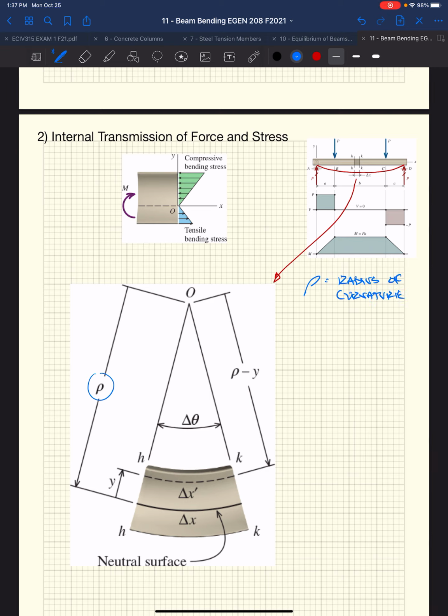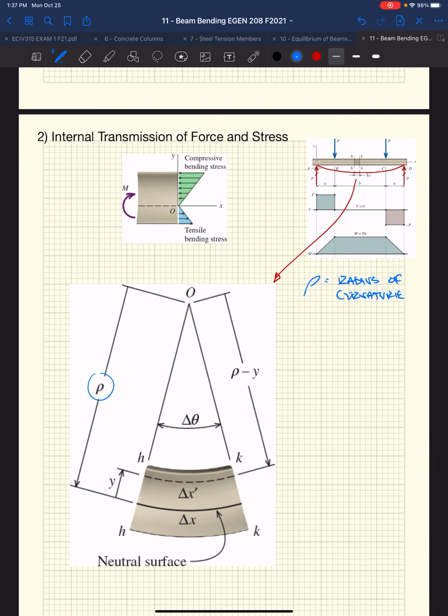So if we looked at a line that was part of the top, we would have some different length, delta x prime. We have this new length delta x prime, and it runs along a new radius, the radius of curvature, which goes to our neutral axis, minus whatever distance this line is above the neutral axis.